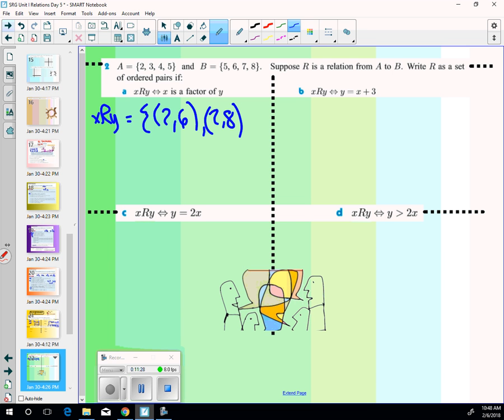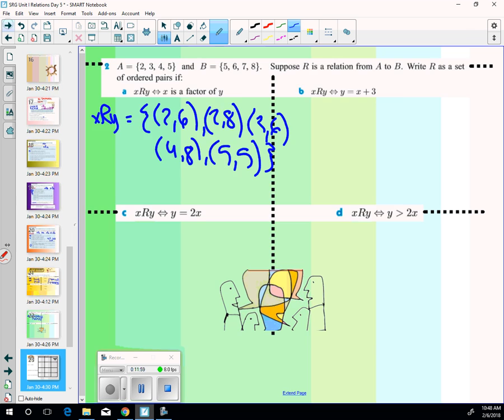Not hard. 2, 6, 2, 8, 3 what? 3, 6, 4, 8, 5. Yes. Yes. Good. Okay, so there's your ordered pairs. And they had 5, 5 listed last as well. All right, so you can do those, no problem.